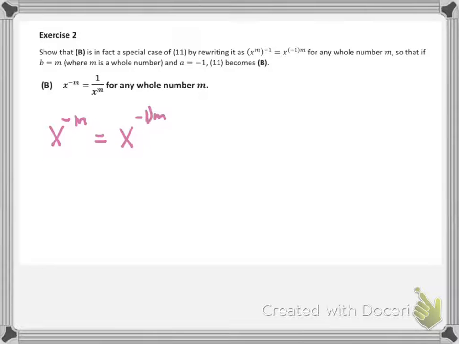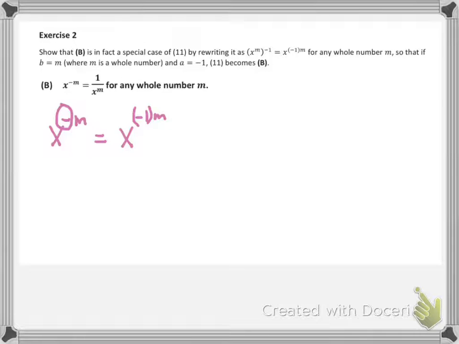This negative 1 comes from the coefficient in front of your variable, which has to be negative 1 because negative 1 times m is negative m. So we can break that out a little bit to show that these two are equal. These are the same thing.